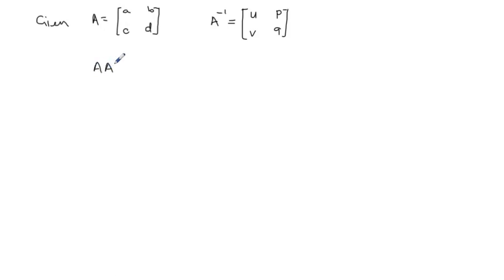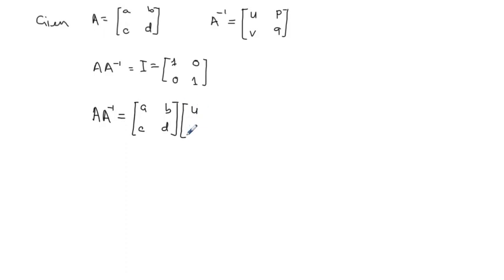So we perform this: A times A inverse equals [A, B; C, D] times [U, P; V, Q] equals [1, 0; 0, 1]. I invite you now to write two systems of equations given this. If you do the multiplication, you can get two systems of equations. Can you try to do that?